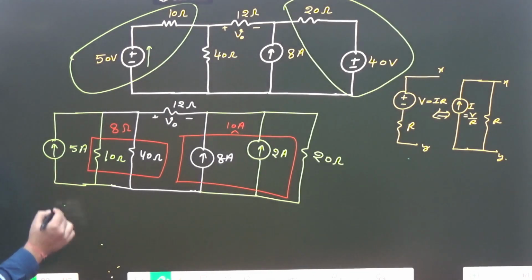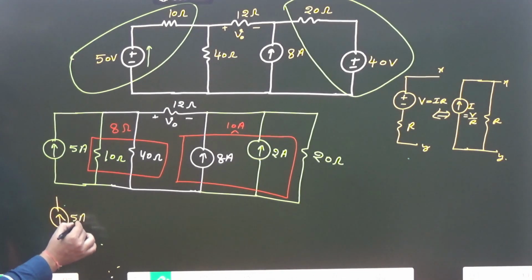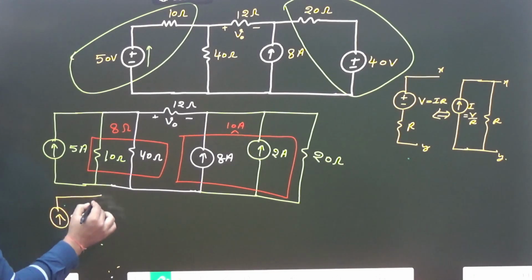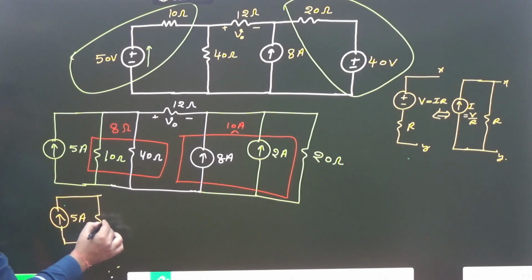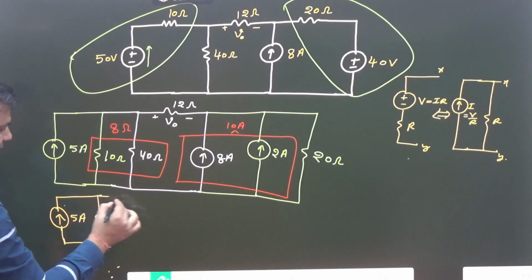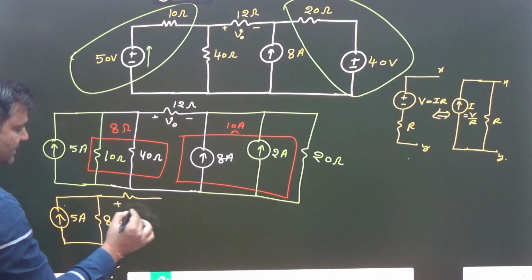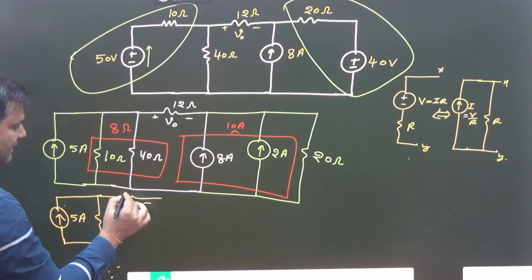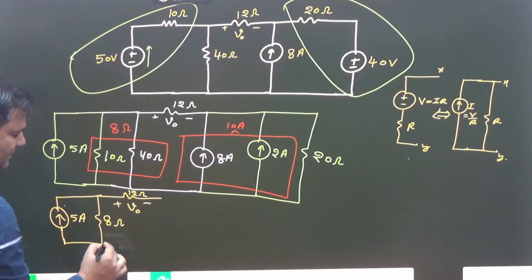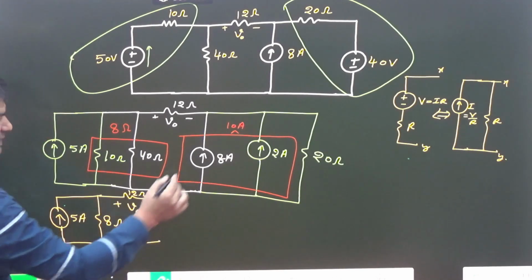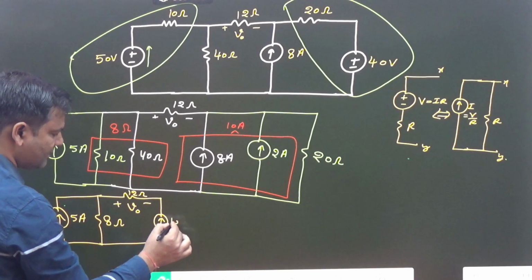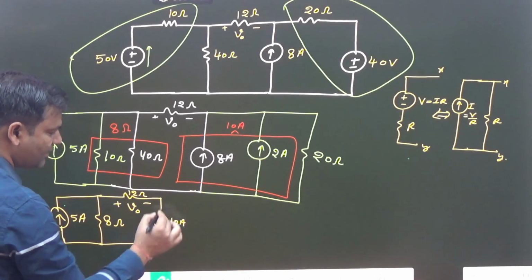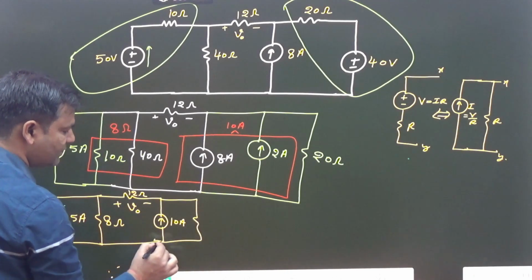if you see very carefully, make that one a current source of 5 ampere, and what about that resistance? Combination of these two, how much? 8 ohm, and that one is plus-minus V0, and that is 12 ohm, and here the combination of these two is 8 ampere, and that one 20 ohm.